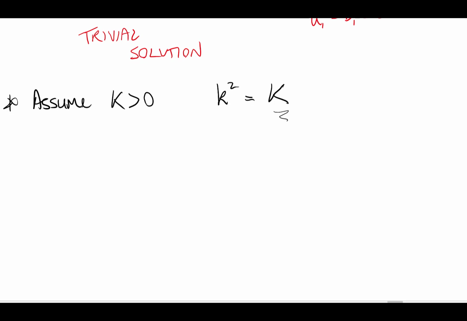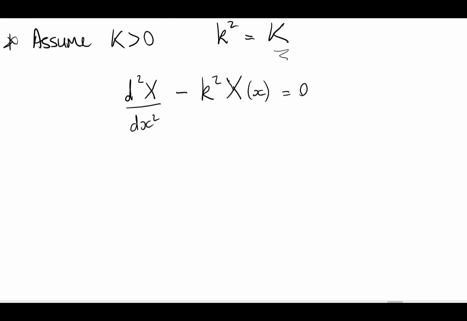And that d squared X by dx squared minus k squared X of x here is equal to 0. So we're now plugging in k is equal to k squared in here. Our experience from this says that there's another solution in here that is an exponential.